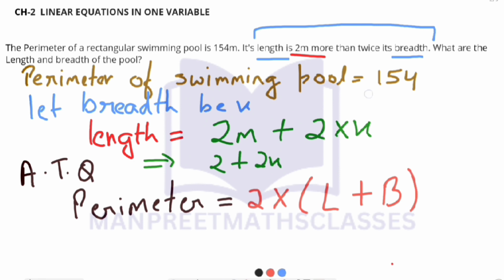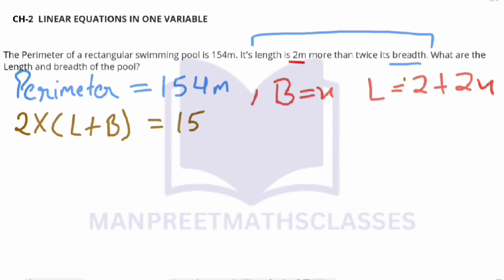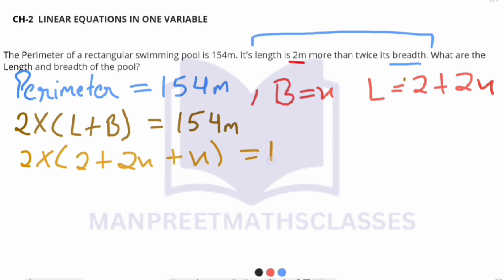Now we'll put the values. Perimeter is given to us, 154 meter. In place of length we'll write 2 plus 2x and in place of breadth we'll write x, is equal to 154 meter.